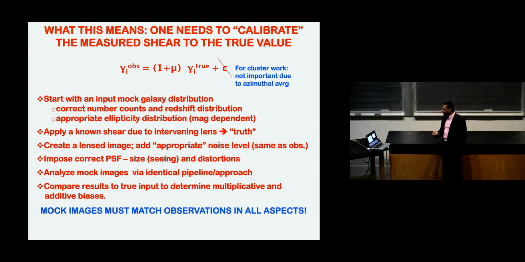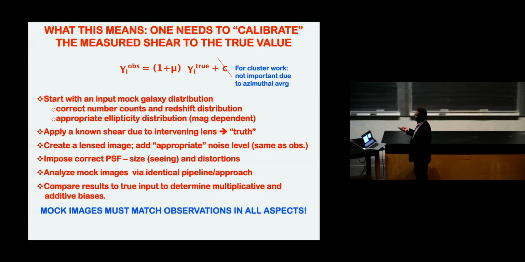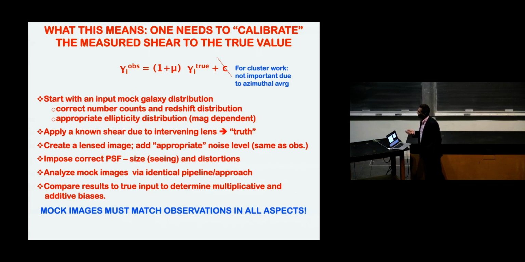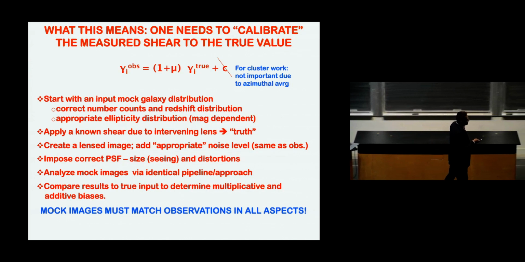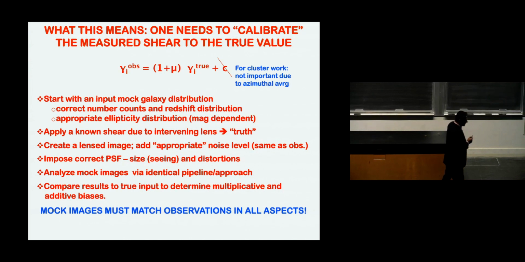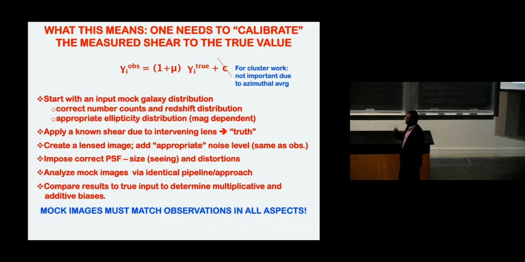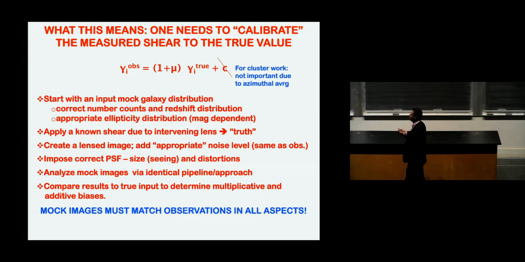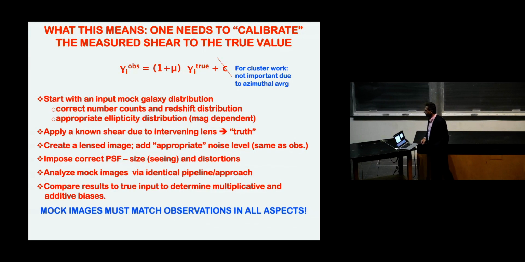You add appropriate noise and distortions along the lines that you would expect in observations. You analyze the mock images, presumably using the same pipeline that you would use on real observations. And then you compare the output to the true input you had in the beginning, and you determine the multiplicative biases.